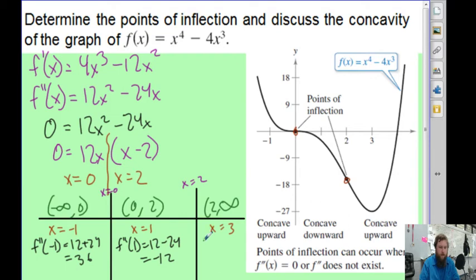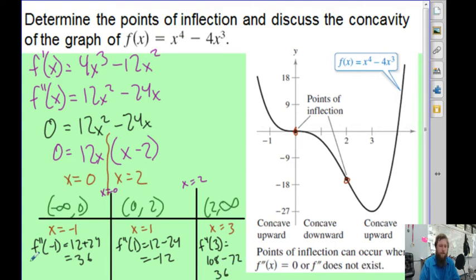And when you plug in 3, f double prime of 3 is going to equal 12 times 3 squared, so 12 times 9, which is going to be 108, minus 24 times 3, which is going to be 72. Okay, and what are you going to get? 108 minus 72? Well, you're going to get 36.